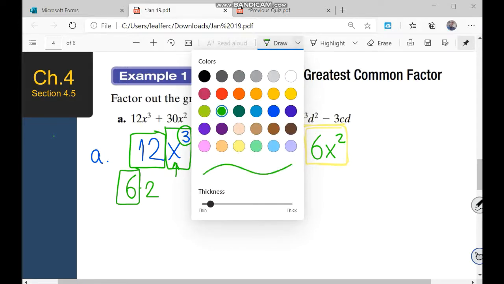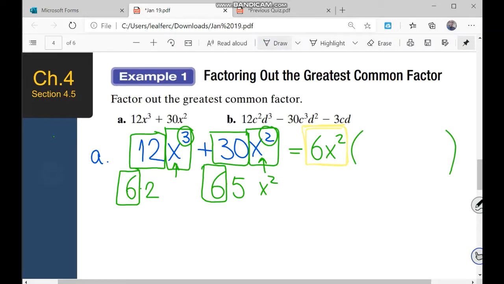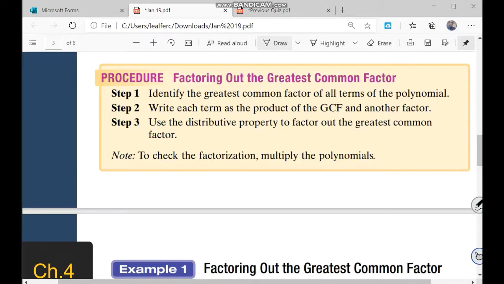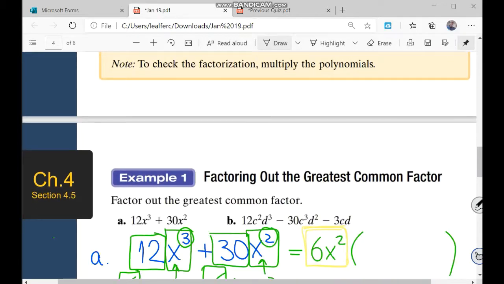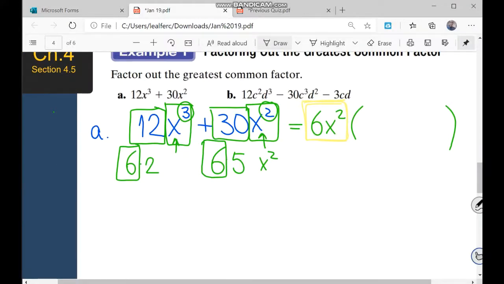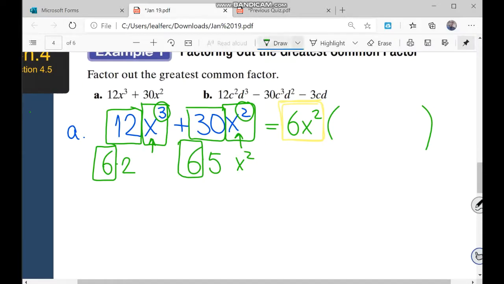Now, I know that the procedure says, look here, step number 2, write each term as the product of the greatest common factor and another factor. And we will write each term. Let's find the other term that you have to represent here. We need 2 terms, right?